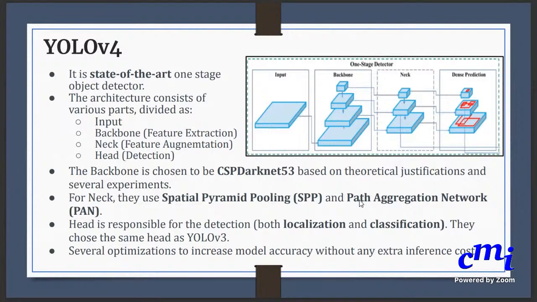And we're also using the path aggregation network. What it does is basically parameter aggregation from different backbone levels for different detector levels, and we are using this path aggregation network instead of the feature pyramid network, which is used by YOLO V3.